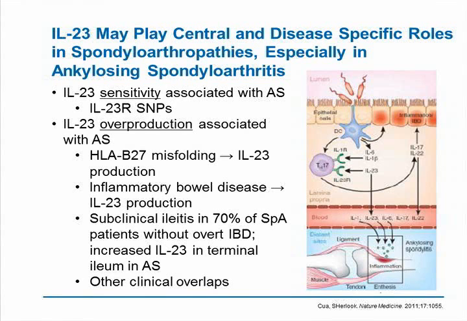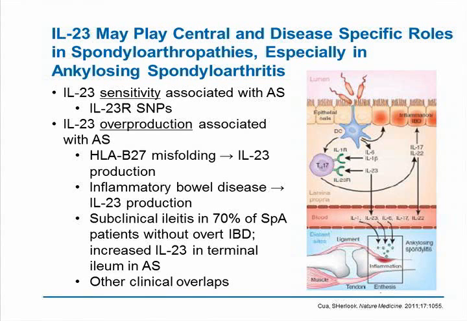There's also evidence that inflammatory bowel disease can result in higher IL-23 production. And it's an interesting observation that up to 70% of individuals with seronegative spondyloarthropathy actually will have some subclinical evidence of bowel inflammation, and particularly at the terminal ileum. So these IBD and seronegative spondyloarthropathies overlap, and there's evidence of abnormal bowel.